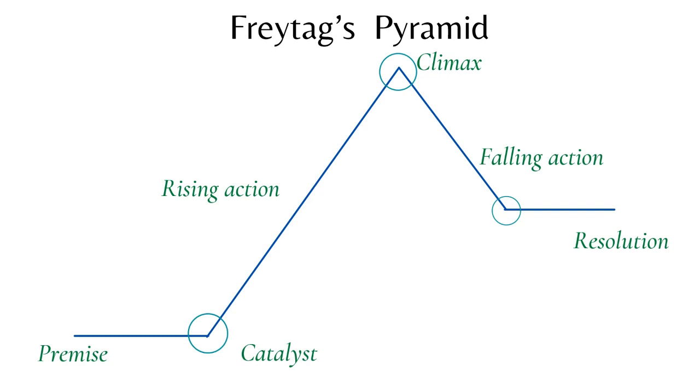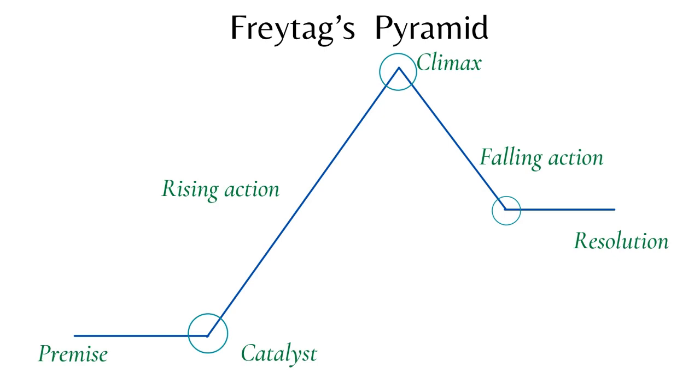So we'll be talking about each stage in the framework, and everything it entails. We're talking about what should happen at each stage of the story. Now, the first stage is the premise.